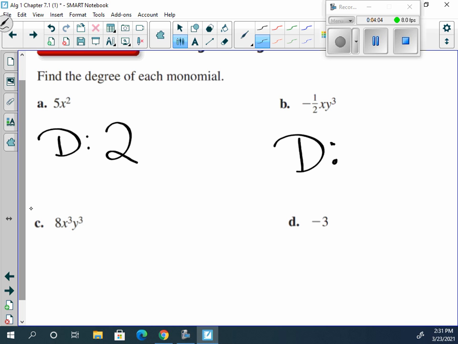Do we have more than one variable? Well, yes, we have x and y, yes? So what are the exponents with x? 1.